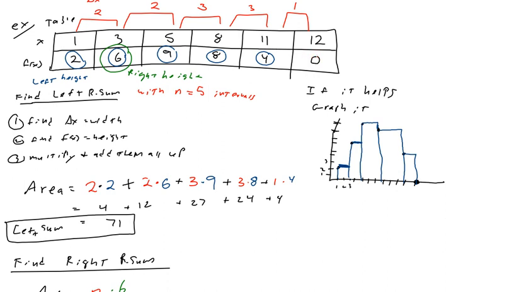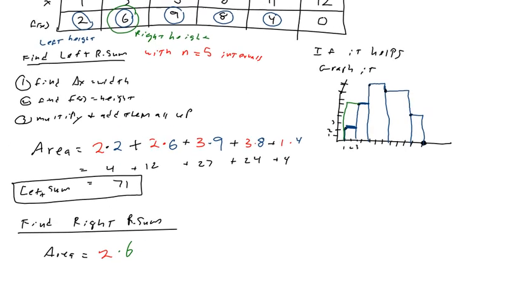In the right-hand side, we skip the 2. We don't use the 2 for the height because it's the right-hand side that we use. So the right-hand side height of our first rectangle is 6, and that's going to be this height here. And you can see where this is going.